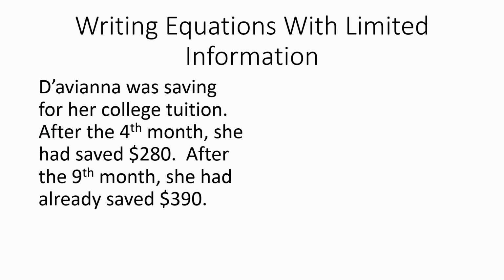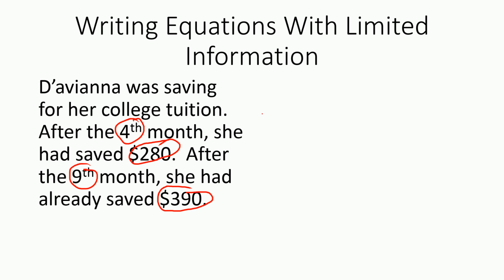So when we look at this problem, we see that Daviana is saving for college, and by the 4th month she had $280, and in the 9th month she had $390.